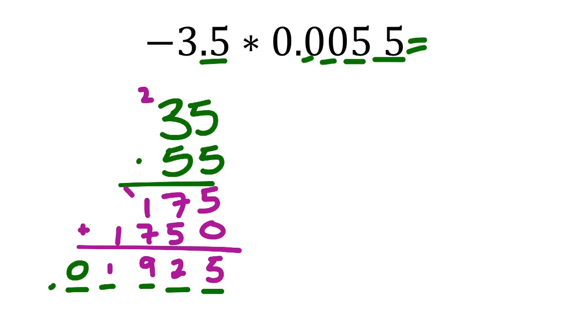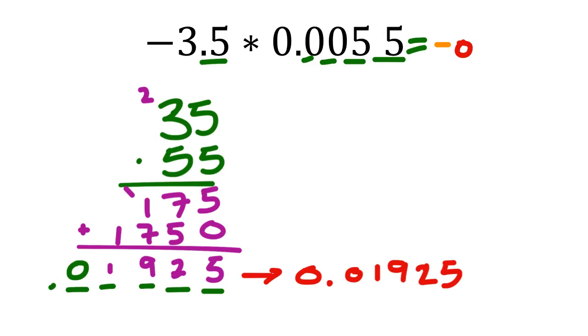So the final product ends up being 0 and 1,925 in the 100,000ths place value. And going back, we need to apply the general rules for multiplication of signs. On this one, there was one negative being multiplied. One is odd, so we know the answer is a negative.